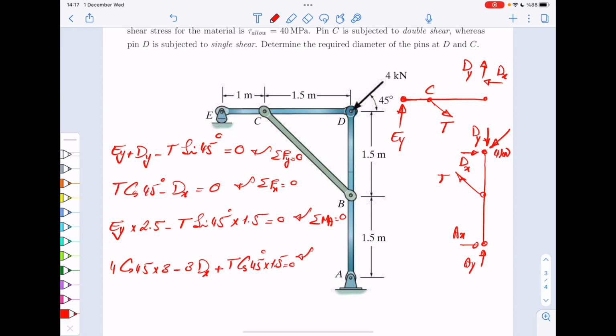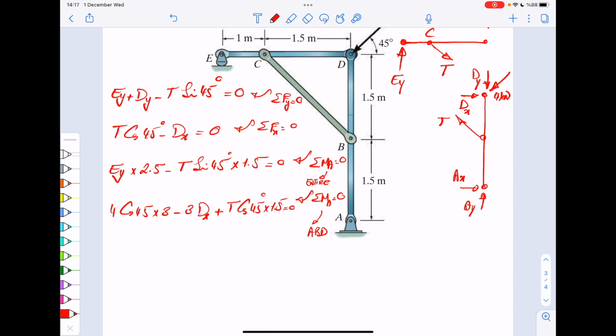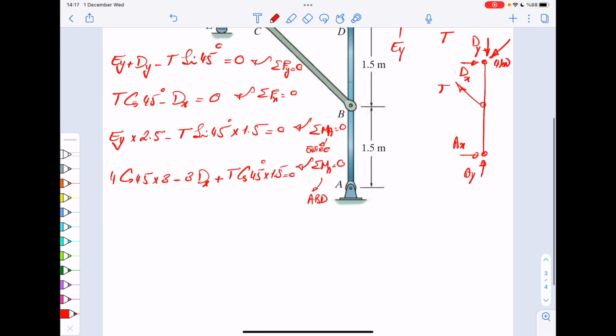Again, this is now also equilibrium of moments with respect to A, but this is for ABD. This one is for the entire structure. All right? So you have four equations, 4 unknowns.